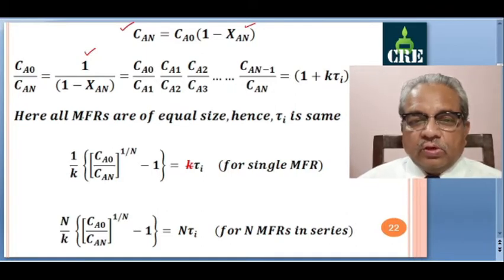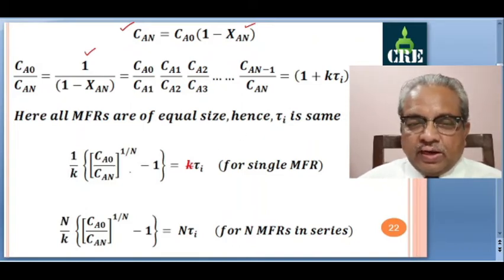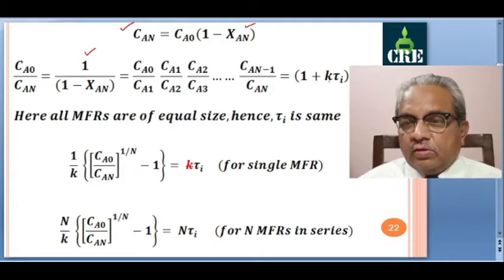Here our mixed flow reactors are of the same size, so tau i is the same. So for a single reactor, what we can write is Ca0 by Can equals 1 plus k tau i.